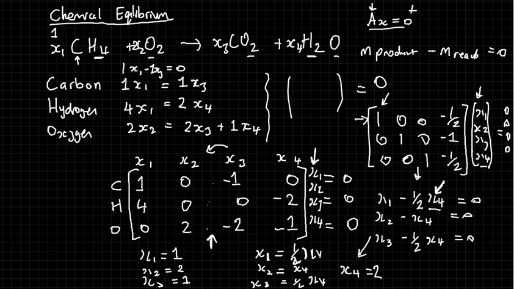And x3 is going to be equal to a half of x4, so 2 divided by 2 is going to equal 1. And so let's put this in. Our x1 is going to be 1, our x2 is going to be 2, our x3 is going to be 1, and our x4, which we chose, to be 2.